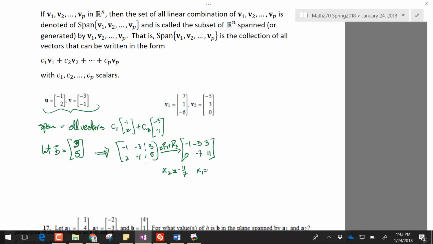It would be like 33 minus 21 or something. Anybody? Anybody? What? 54 over 7? Wow, that's more than I thought.